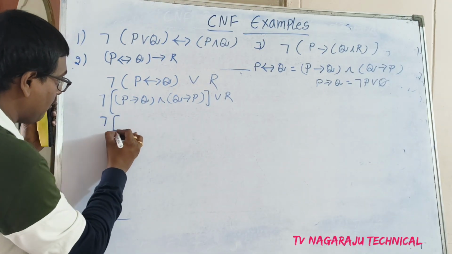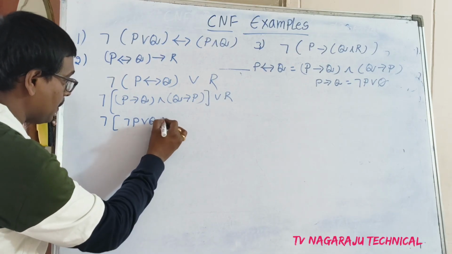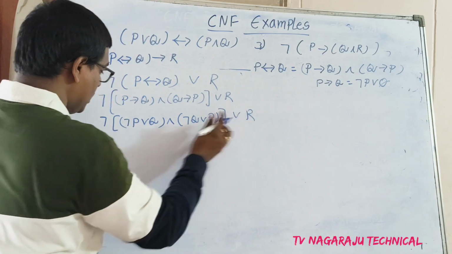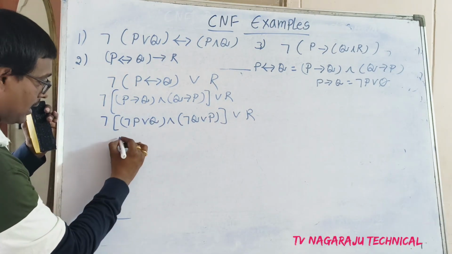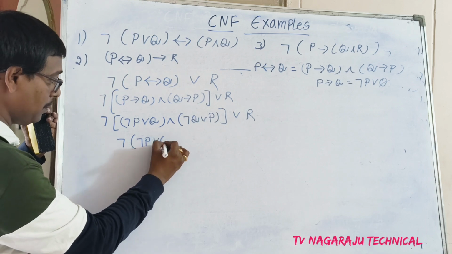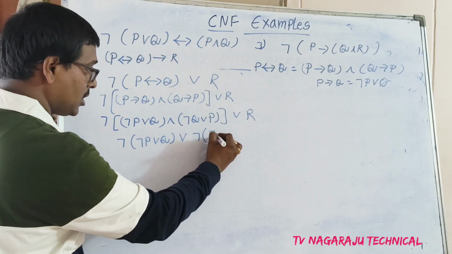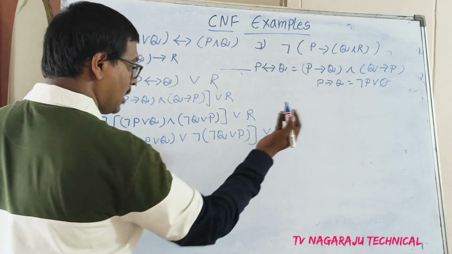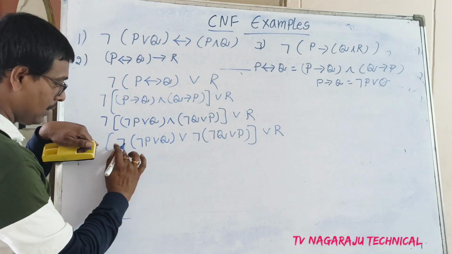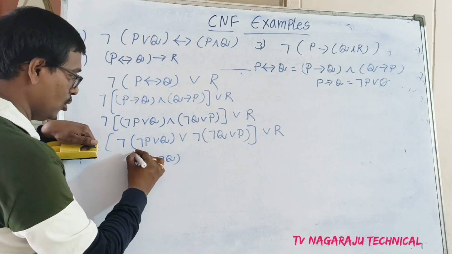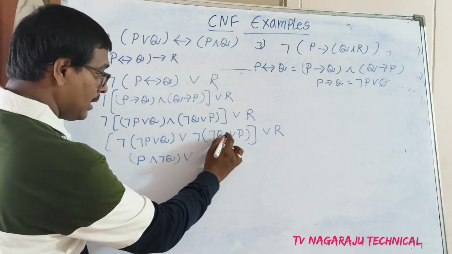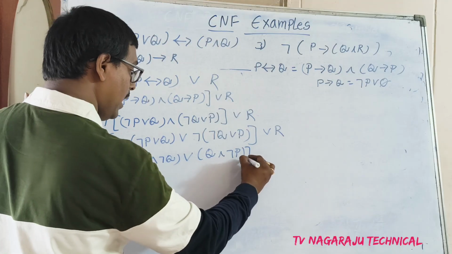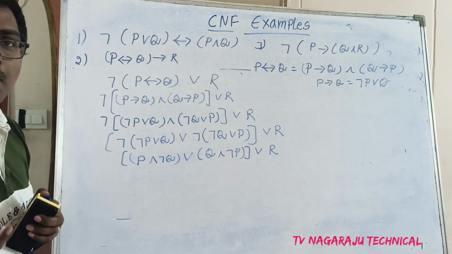So negation of P implies Q in the sense negation P or Q, and negation Q or P, or R. So apply the negation, De Morgan law: negation of negation P or Q, or negation of negation Q or P, for the entire expression or R. Now again De Morgan law: P and negation Q, or negation Q and negation P, or R. Now apply the distributive law.